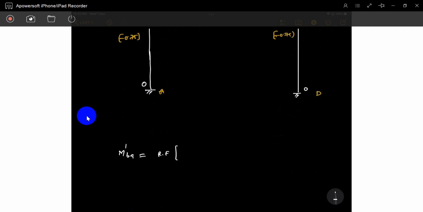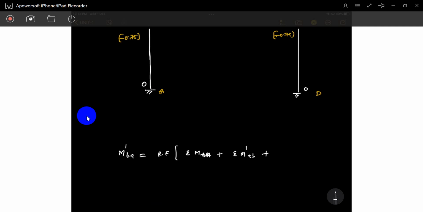Rotational factor: sum of the fixed end moments at the joint, plus the sum of the rotational contributions towards B, from A to B, from C to B, everything.